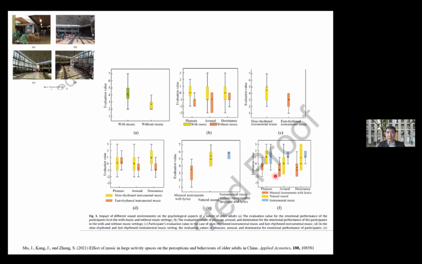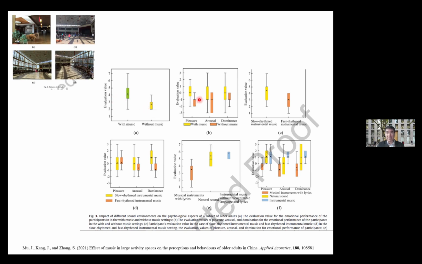This is another set of studies, again based on perception, about music's effect. With music and without music, the evaluation score is very different. This is the overall effect. This is the effect on different aspects: pleasantness, arousal, and dominance, which are three dimensions of emotion. So you can see, firstly, with music and without music, there's a big difference.